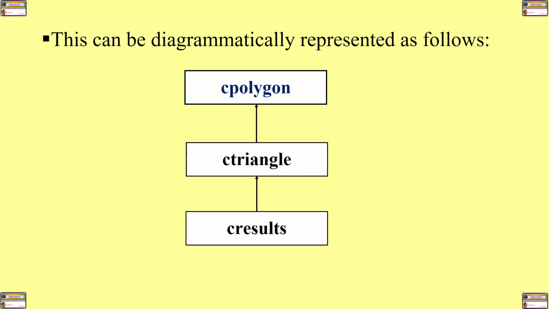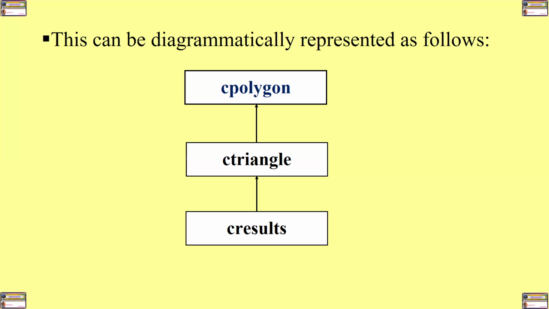And then if you have another class, for example called CResults, that inherits its properties from the class CTriangle, which in real sense is a derived class of CPolygon, then we can say that this program is implementing multilevel inheritance.